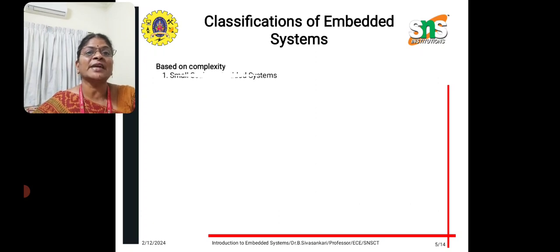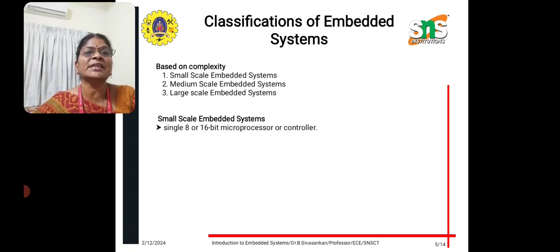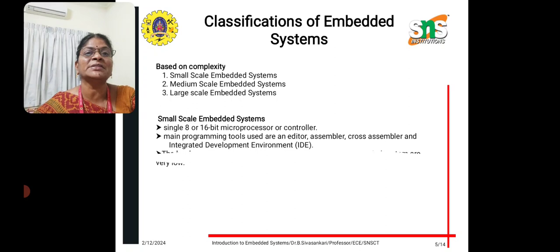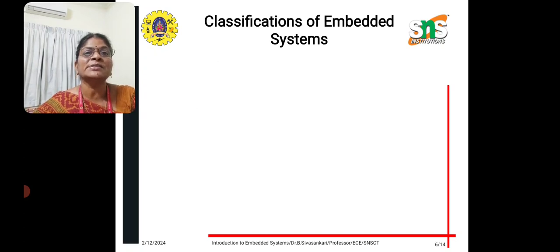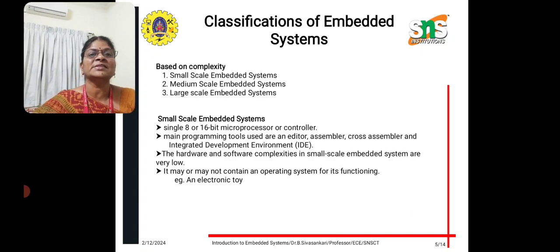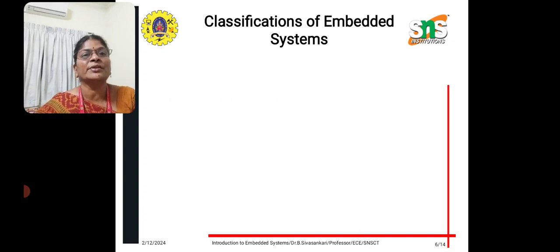So the second type is based on complexity. Here, based on complexity, the first one is small scale embedded systems, then medium scale embedded systems and third, large scale embedded systems. So the small scale embedded system is just a single 8 or 16-bit microprocessor or controller. Example, an electronic toy.